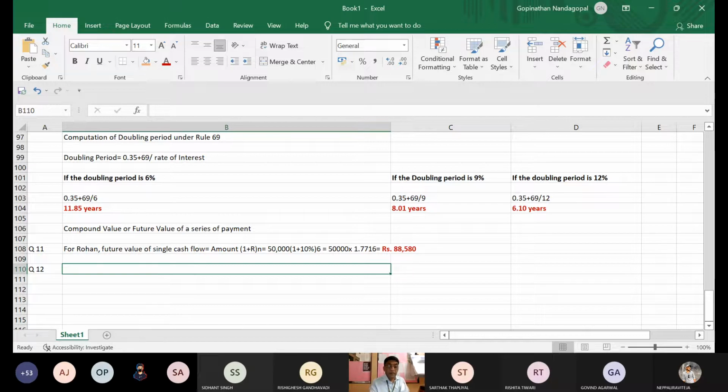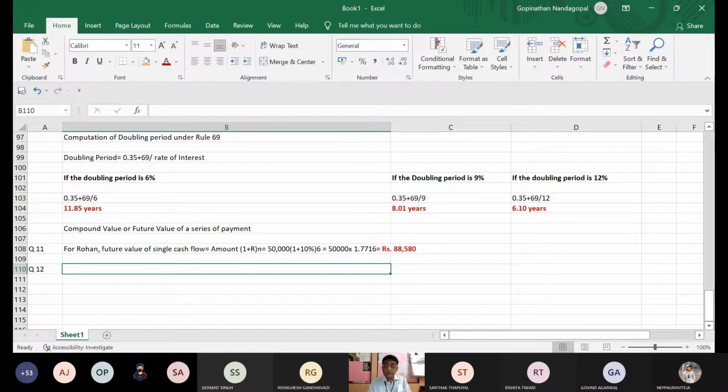So now we'll substitute this formula. Amount given is 25,000 into, number of years is 4, rate of interest is 8%. Now we'll substitute this.